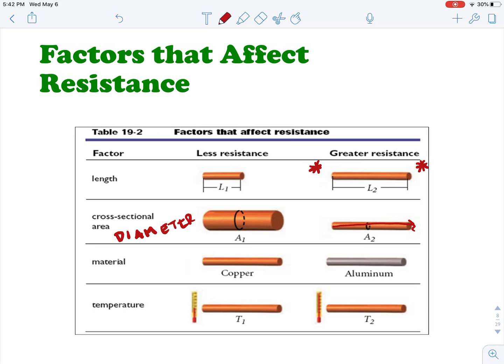Some of you might be confused about temperature because you think, well, if it's hot, it has more kinetic energy, so it should flow faster. And while that's true for a lot of other things, for electricity, it actually makes things more complicated. Think back to chemistry. Maybe you've seen some simulations about what happens when you heat up a gas. A lot of those molecules just jump around, and they end up applying a lot of pressure to the surface of the object. Well, that's what happens.